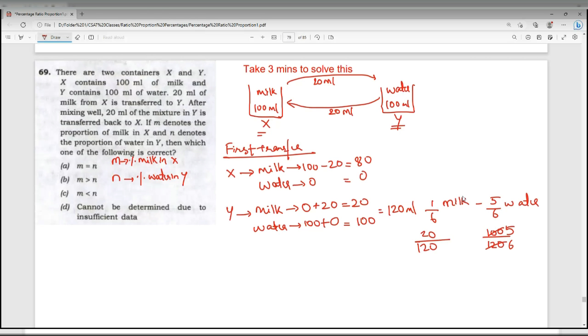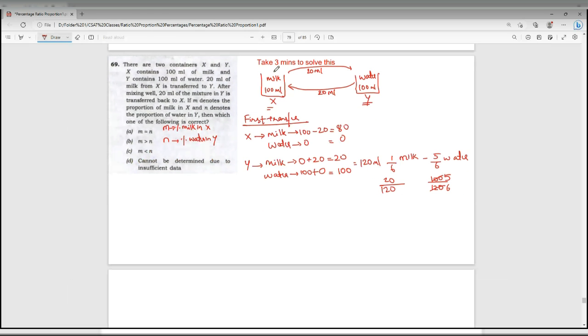Now from container Y they are removing 20 ml. This is the second transfer. When they are removing 20 ml, what would be the amount of milk in this 20 ml? That is 1/6 into 20 ml, which would be the milk being removed, and 5/6 into 20 ml would be water.